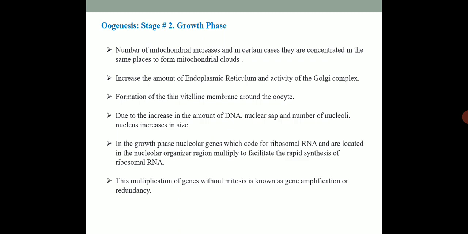This multiplication of genes without mitosis is known as gene amplification or redundancy. So these are the changes which take place in the second phase, which we call the growth phase. The word itself has its meaning: the growth which happens in the egg.